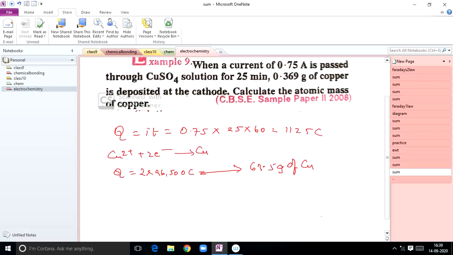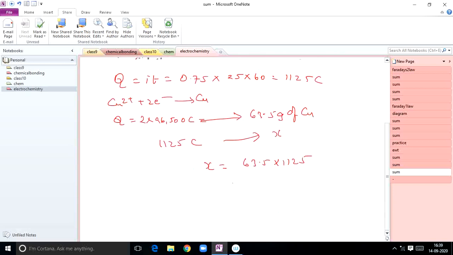Now from the above, 1125 coulombs will deposit how much? So you will get X value as 63.5 into 1125 by 2 into 96,500.